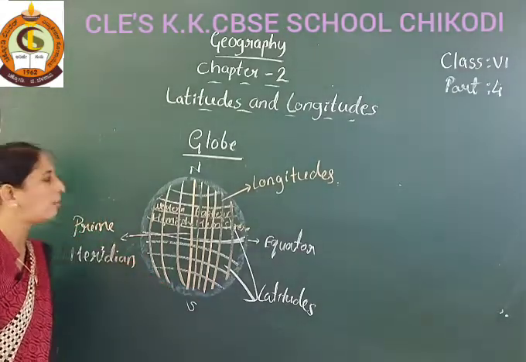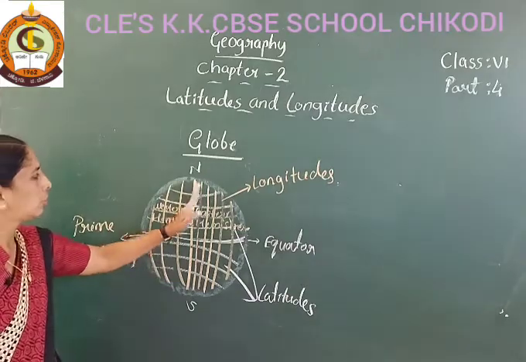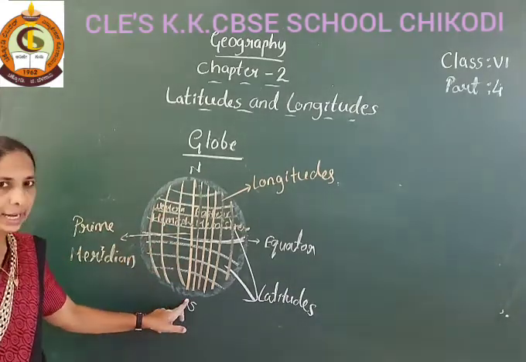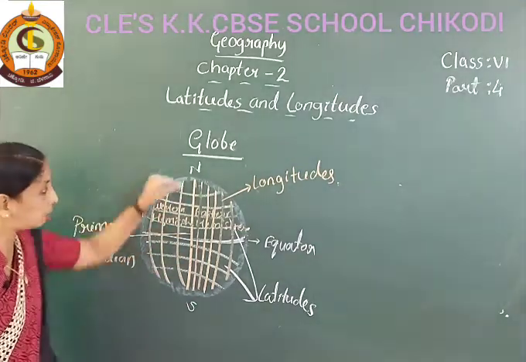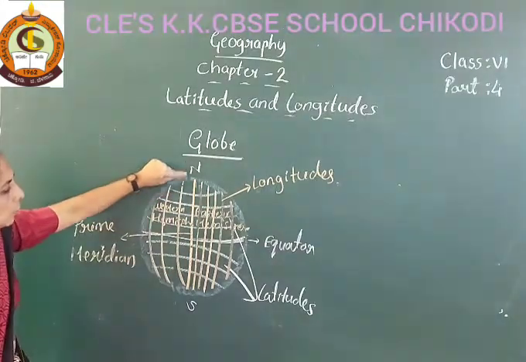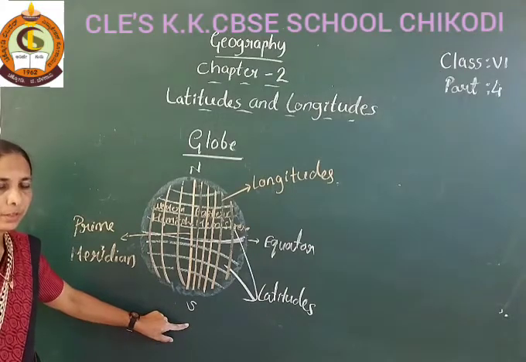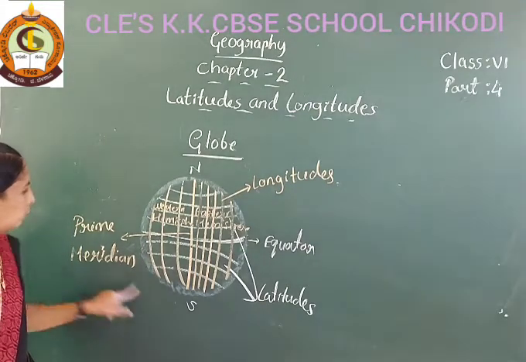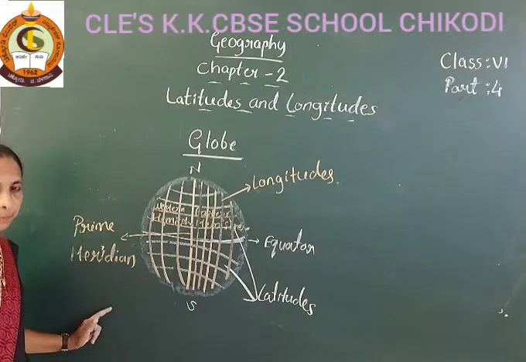Afterwards you learnt about the meridian line, the prime meridian line. This line passes through the North Pole to the South Pole, so we call it the prime meridian.